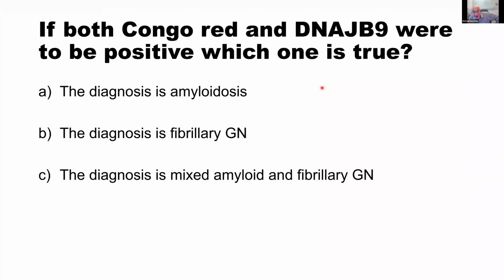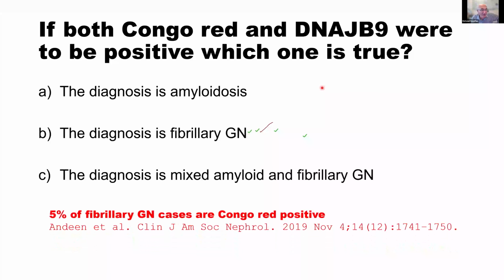In our case, Congo-Red was negative, but just imagine that Congo-Red was positive, and DNAJB9 was positive as well. Okay, the diagnosis is fibrillary GN. Yes, yeah, I like that. I like that very much. And you're correct.